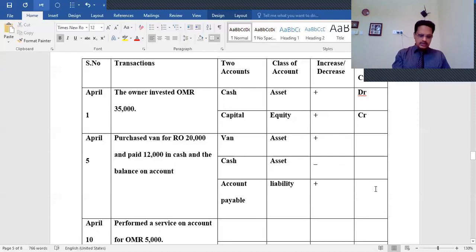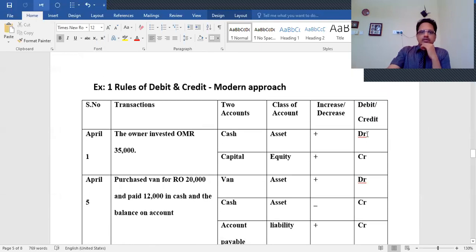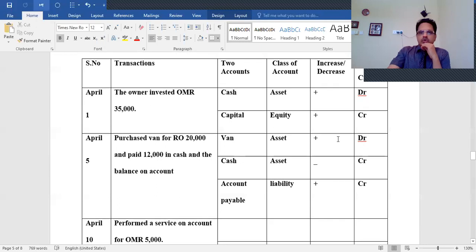Now asset increasing is debit, and asset decreasing is credit, and liability increasing is also credit. So from this you have to understand, in the normal case, debit and credit are the same, 35,000 you have to write, but here the amount will be different.